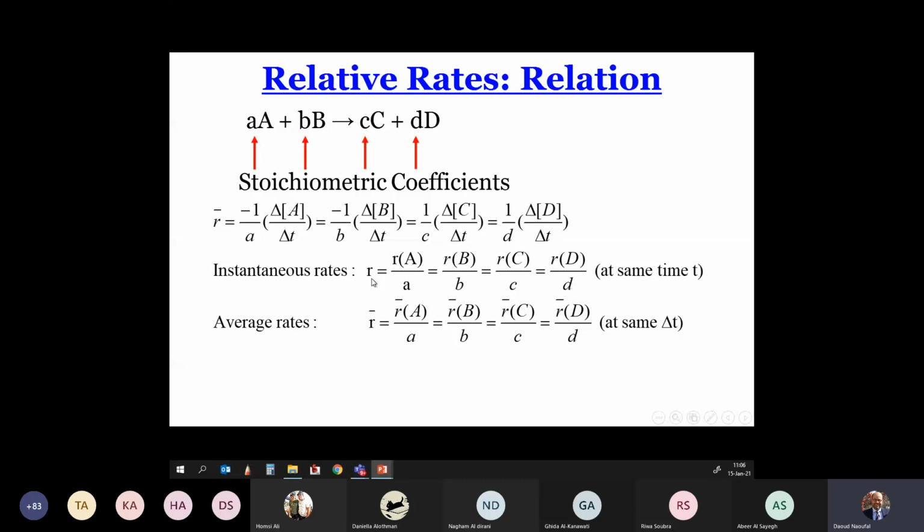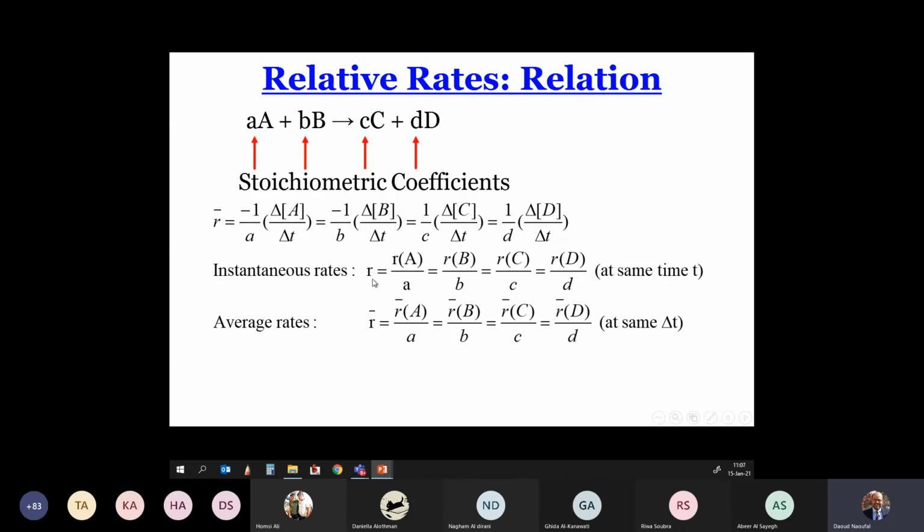So the rate of the reaction equals R_A divided by a, equals R_B divided by b, equals R_C divided by c, equals R_D divided by d. But pay attention, when using this relation, it should be at the same time t.